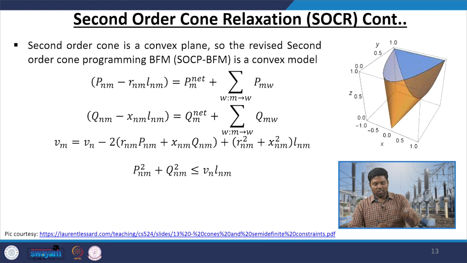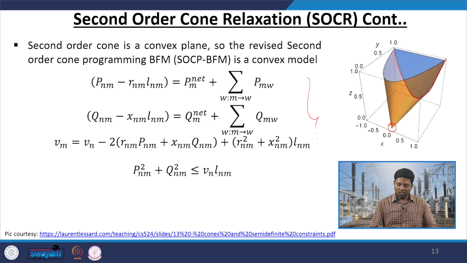So that means if we can represent that as a cone, you will get only one solution if you do the minimization or maximization objective. If you solve a minimization problem with a convex, then you will get a convex solution. So you can see your entire problem has now become a convex problem.